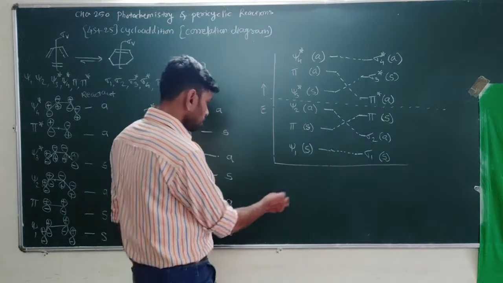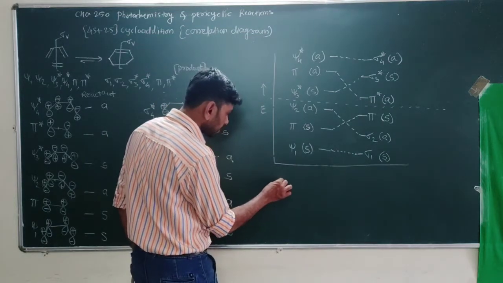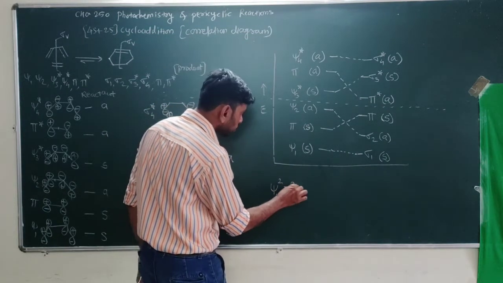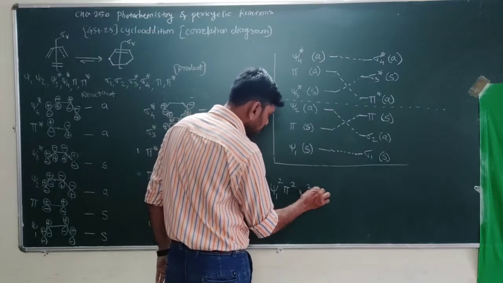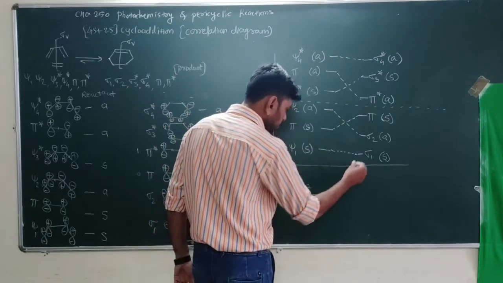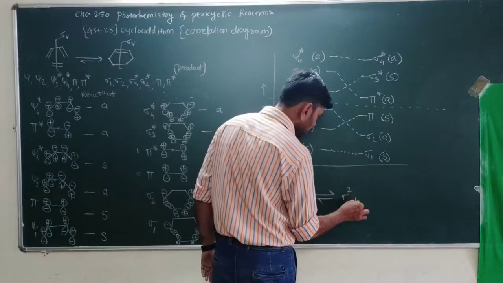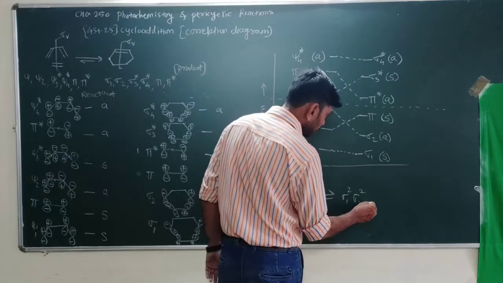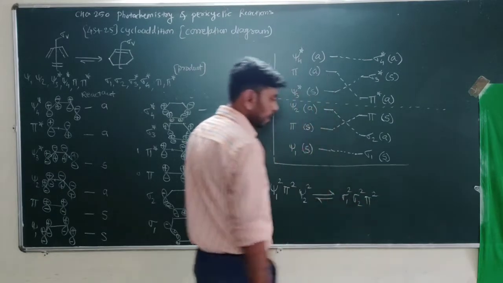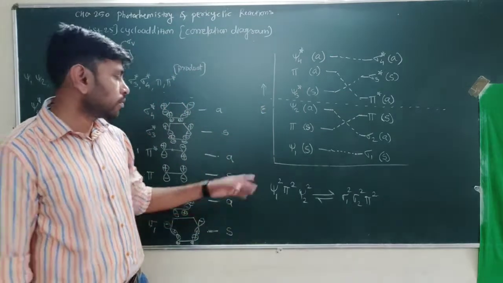So for this reaction we can show that psi 1 contains 2 electrons, pi contains 2 electrons, and psi 2 contains 2 electrons. It simply correlates with sigma 1 containing 2 electrons, sigma 2 containing 2 electrons, and pi containing 2 electrons. No excitation, no excited state combination.